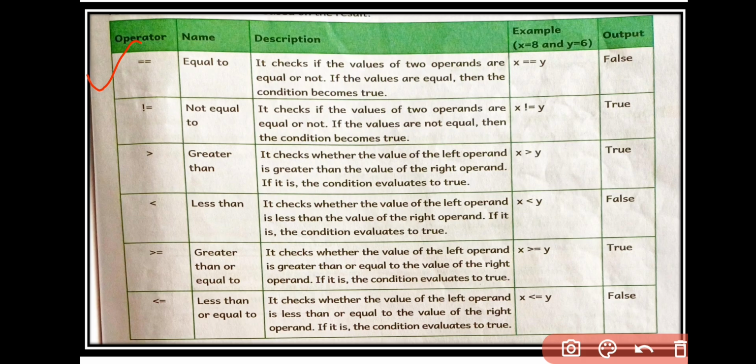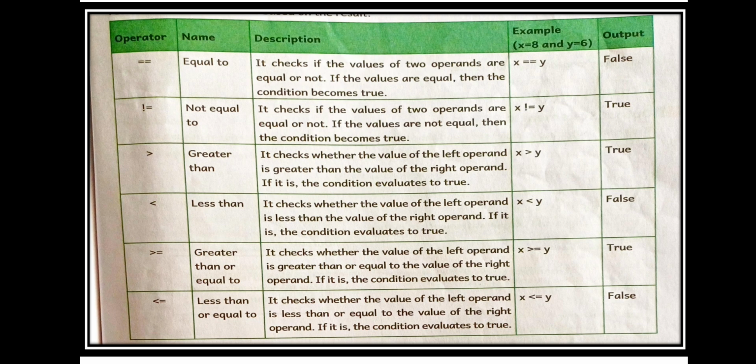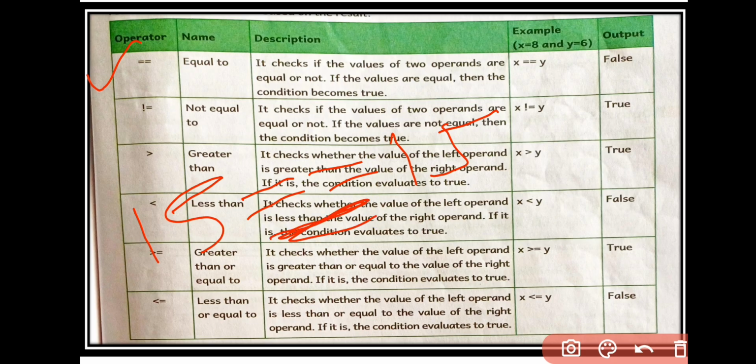If the values are equal, then the condition becomes true. For example, 15 equal to 15. It checks whether the two operands are equal or not. If the values are equal, 15 and 15, then the condition becomes true.